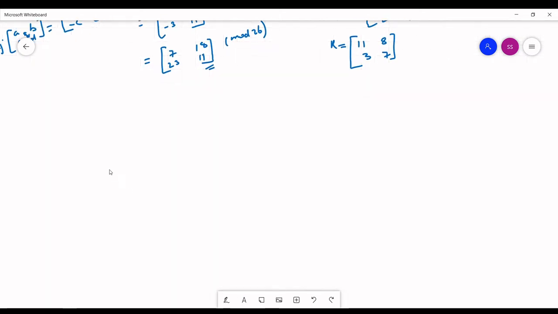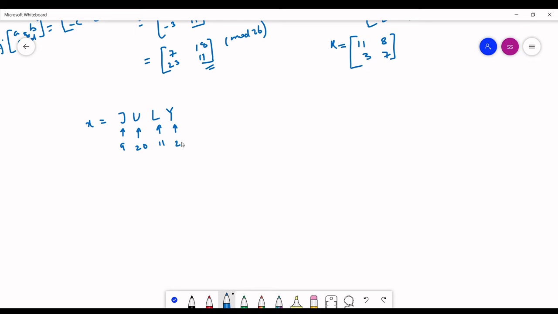For encryption, I am taking a plain text. Let's say the plain text is JULY. So my X is equal to JULY. The value for J is 9, the value for U is 20, the value for L is 11 and the value for Y is 24.